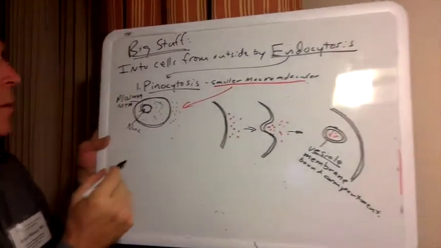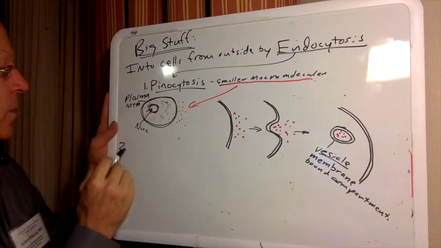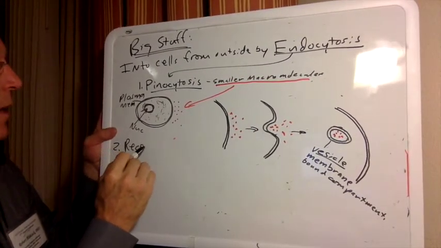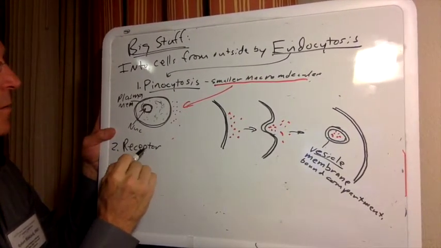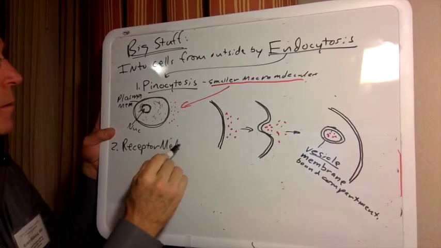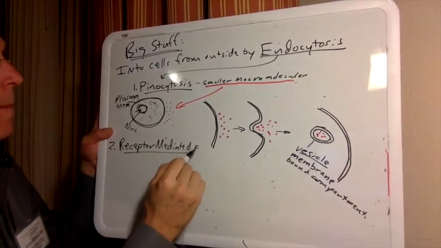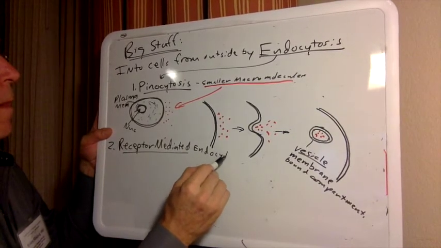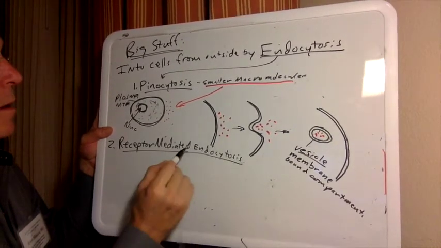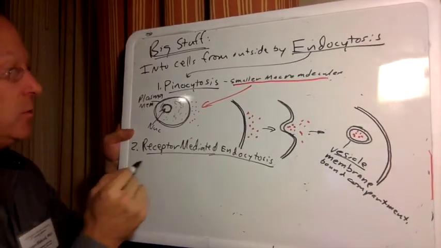That's that. The next type is called receptor-mediated endocytosis. So this one has a specificity to it.